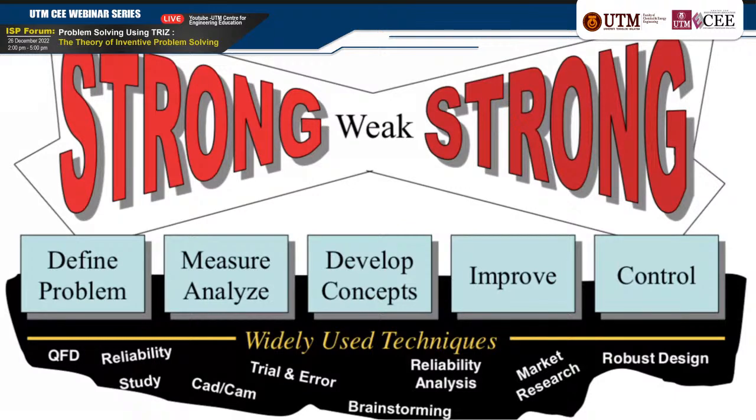So you can see under the technique, the tools that they use, they have quality function deployment, reliability, trial and error, brainstorming and so on and so forth. So at the existing level, there are always various tools that you can use to solve a problem, especially for engineering or non-engineering applications.